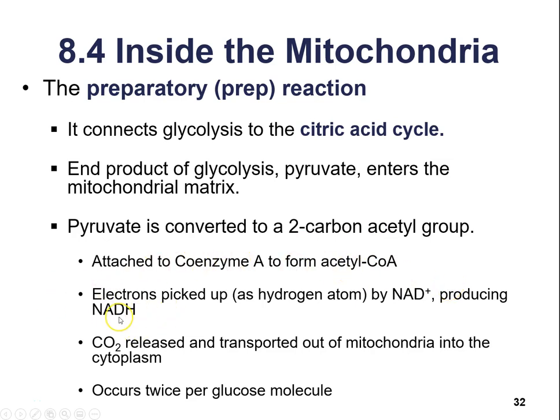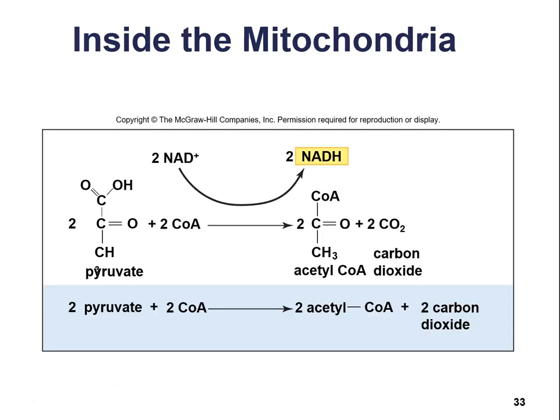Again, we get production of NADH. You get some carbon dioxide that's released, sorry. And this is going to occur twice per glucose molecule. So we can look at it here. Here's your pyruvate, your CoA, and we get the formation of acetyl-CoA. We get carbon dioxide released, and in the process, again, we're producing NADH.